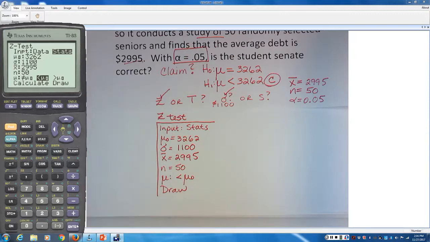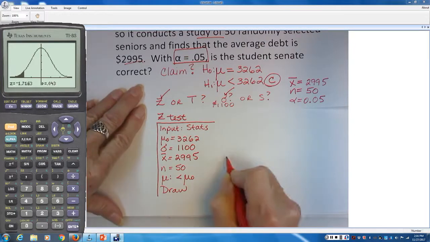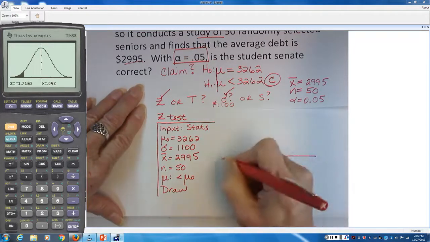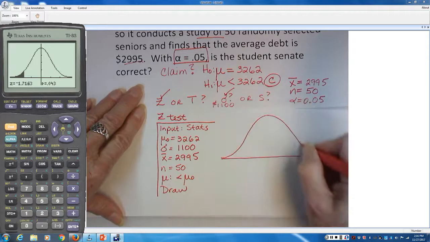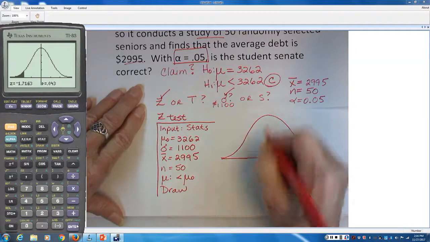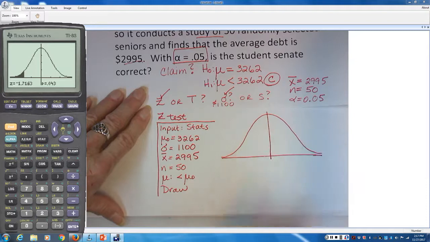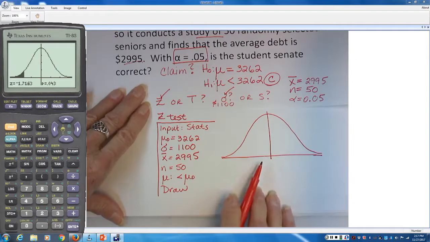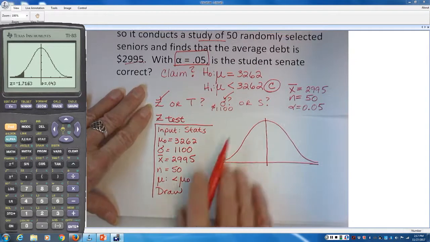So when you draw, and you don't actually have to write draw because you're going to show me the picture. This is what you see. And I'll give you little normal curves that you can fill in appropriately. Now, this normal curve is based around the whole idea that this was true.